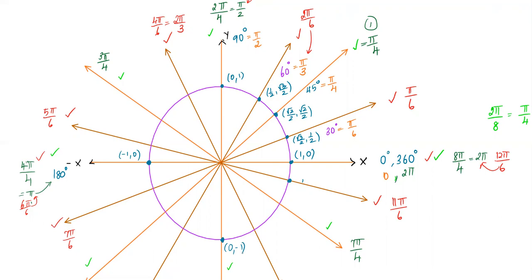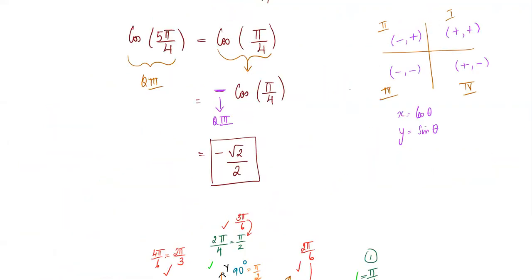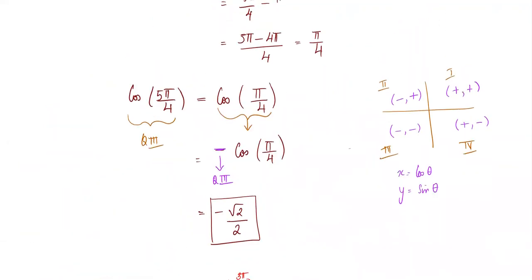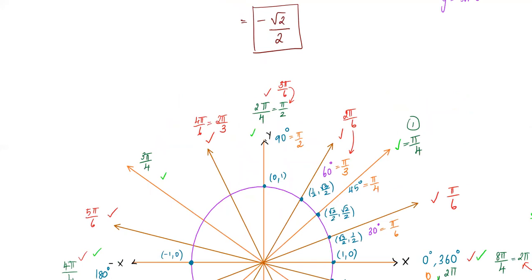How about the others? So then we come back here and see how they match. Now remember, if you come back to this one, I said positive, positive, negative, positive, negative, negative, and positive, negative. So your coordinates will have to carry that sign. So the x coordinate must be negative, y coordinate must be positive in your second quadrant. So come back here.